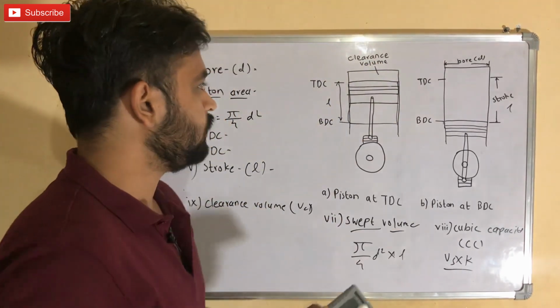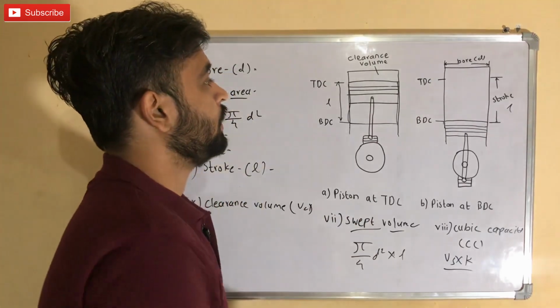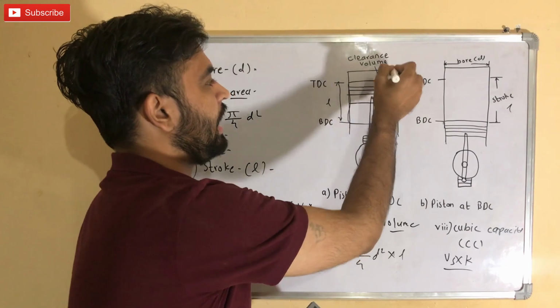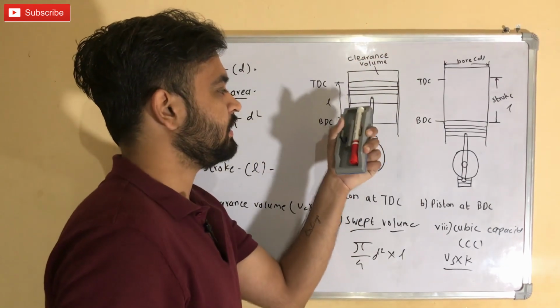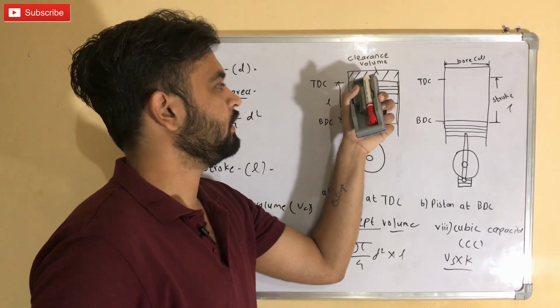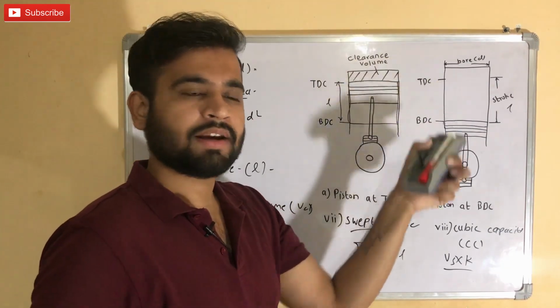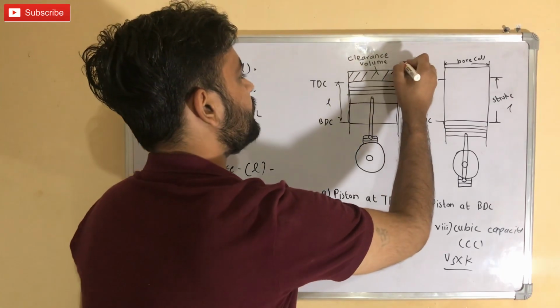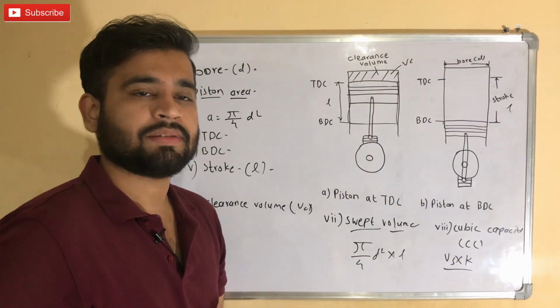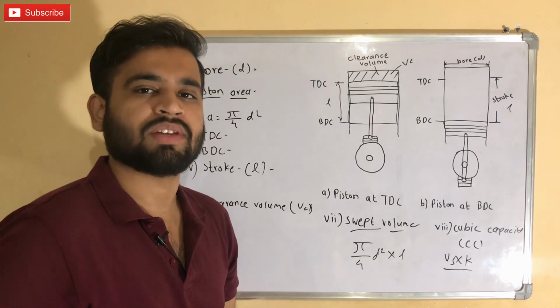It is the volume which is occupied between the piston and the cylinder head whenever the piston is at top dead center. This volume between the piston and the cylinder head is the clearance volume. So this is VC. In this clearance volume, the combustion process takes place by ignition of the air fuel mixture.